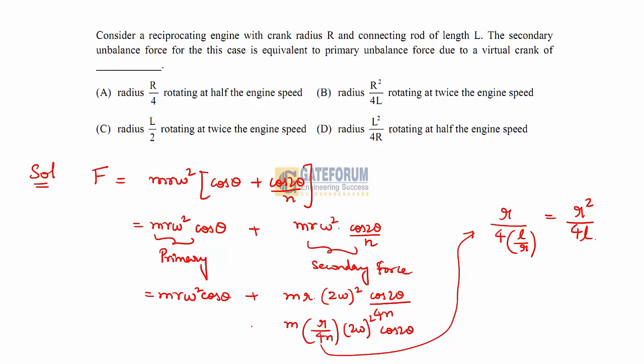So the secondary force is equivalent to primary force due to a virtual crank of radius r square by 4L rotating at twice the speed. So that is option B. This is the end of the question.